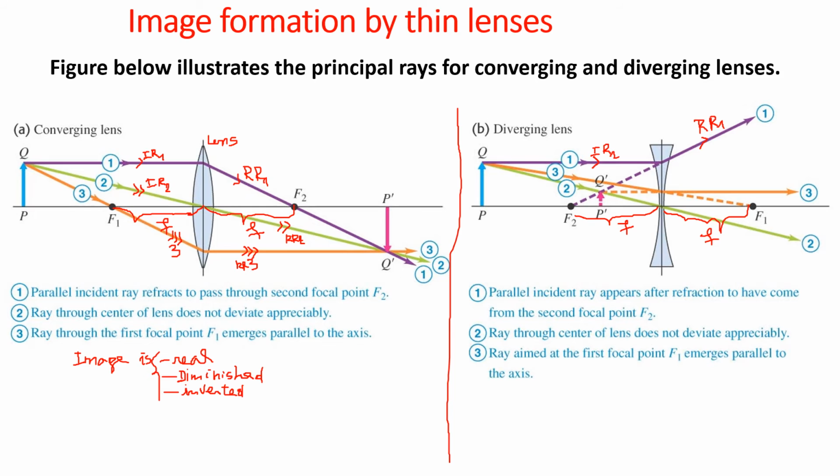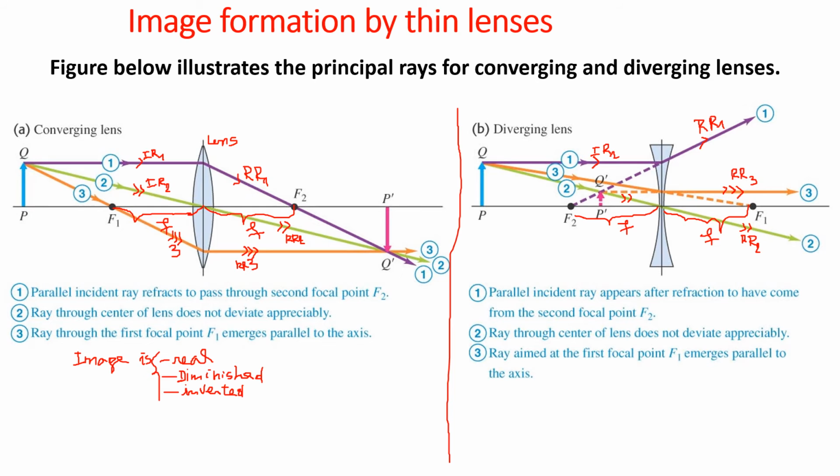Ray number 2 is a ray which is incident by passing through the center of the lens. This ray, after refraction, doesn't change direction, and this is refracted ray number 2. And ray number 3 is a ray which is incident by passing through the first focal point. When refracting, it passes in a line parallel to the principal axis. This is refracted ray number 3.